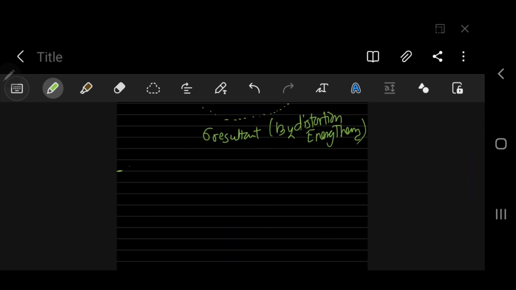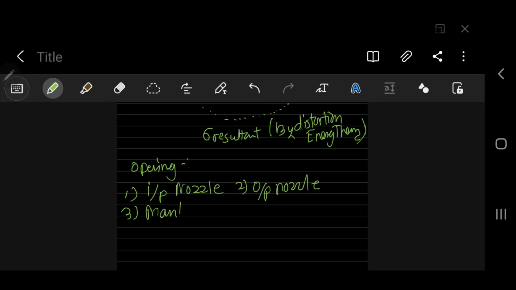Then we have designed the openings. We have designed 5 openings: first, the inlet nozzle; second, the outlet nozzle; third, the manhole; fourth, for temperature measurement; and fifth, for pressure measurement.